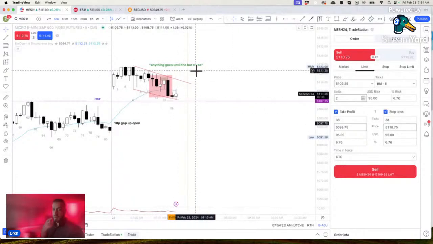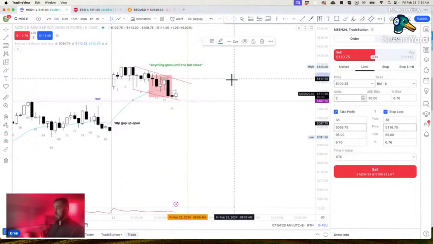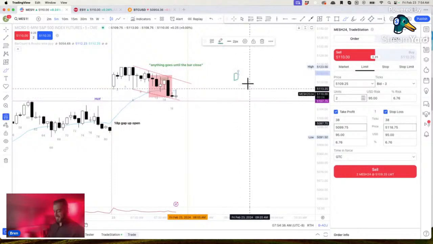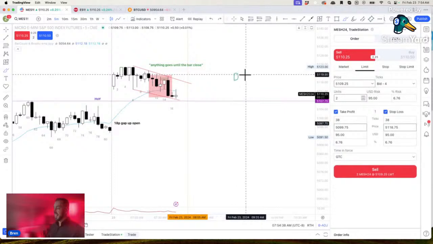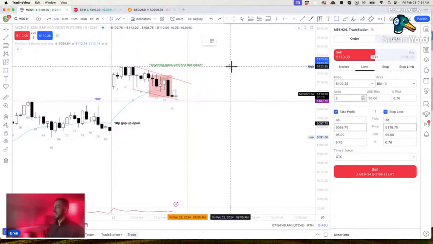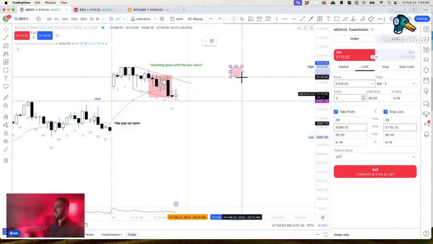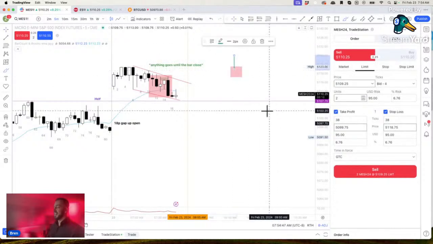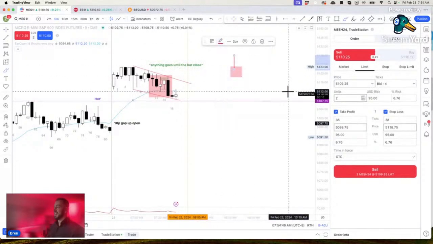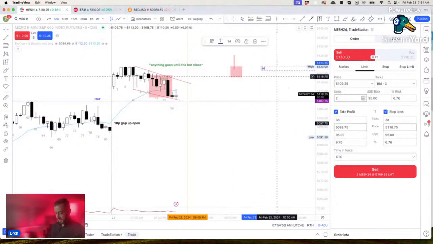Always look at the close. Remember, on every candle, you've got a candle, right? You've got a tail. Okay, here's a candle. Here's the tail. Okay? And you've got the high, low, open, close.